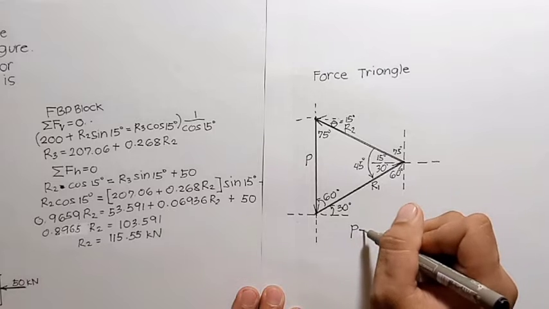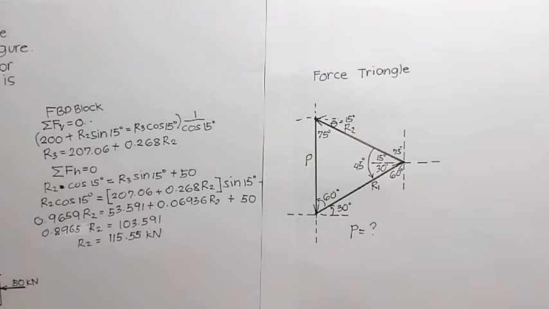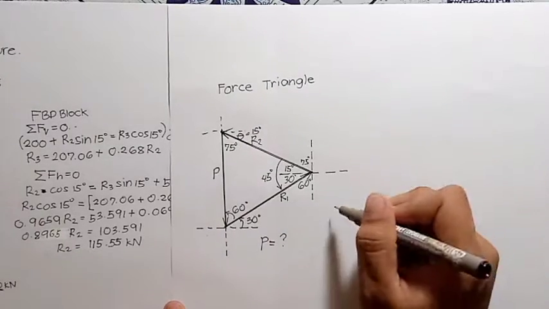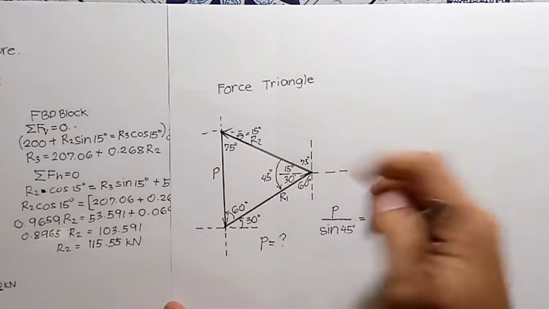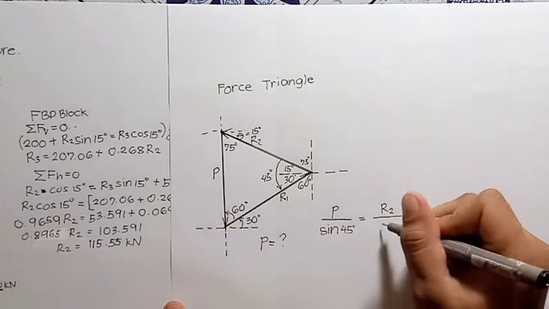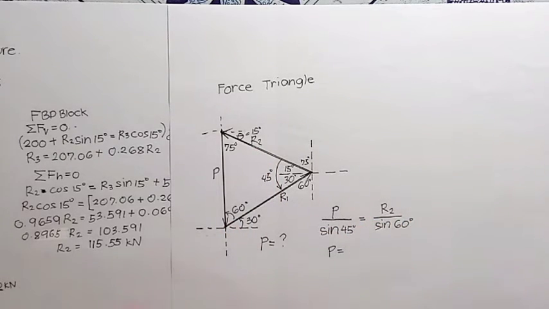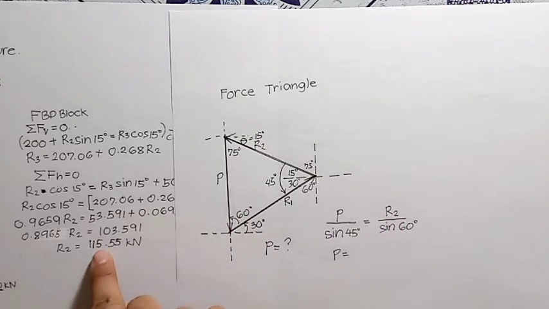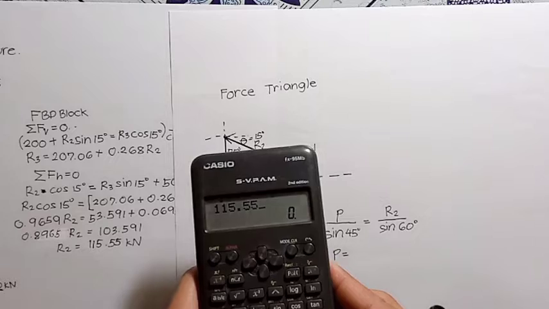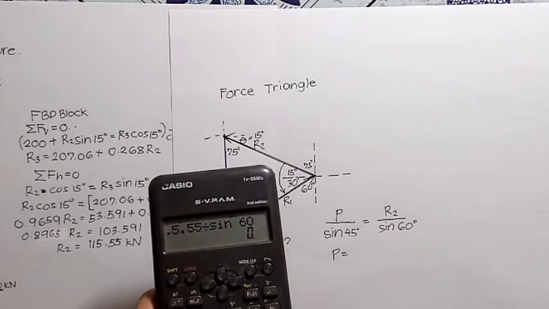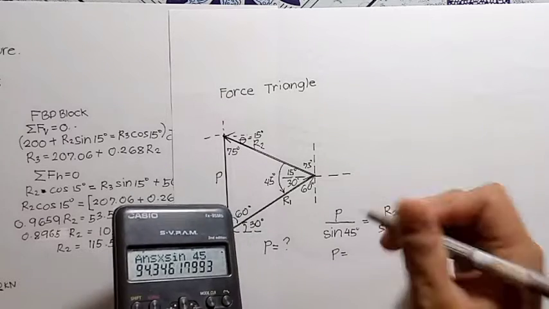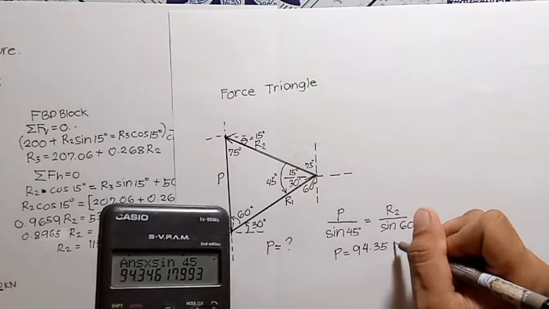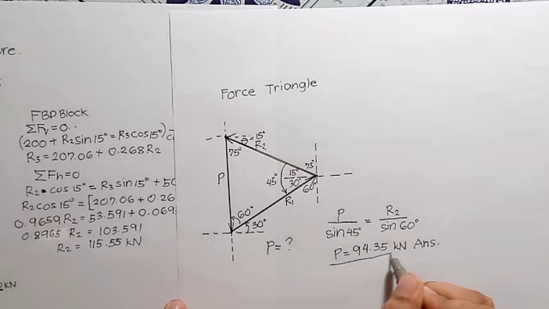After we make the force triangle, we will proceed to find the force P. By using the force triangle, we will use the sine law to find the force P. From the R2 that we have just solved, 115.55 times the sine of 45 divided by the sine of 60 will be the answer P. And P will be 94.35 kilonewtons. And that is our final answer.